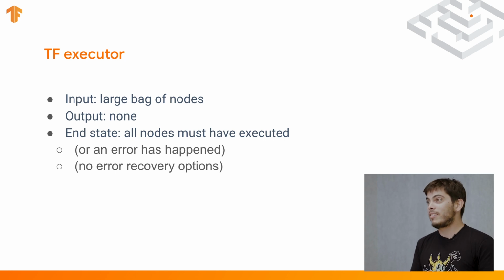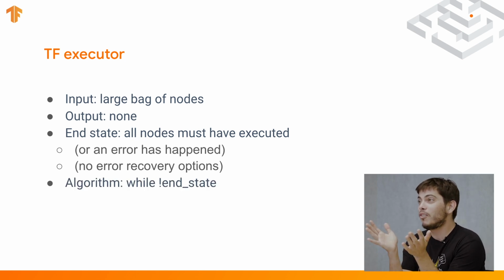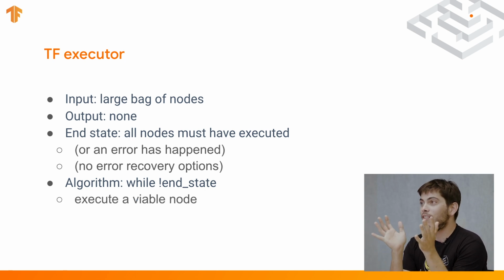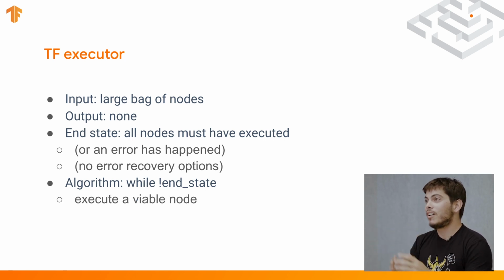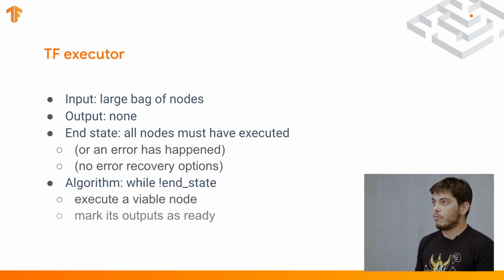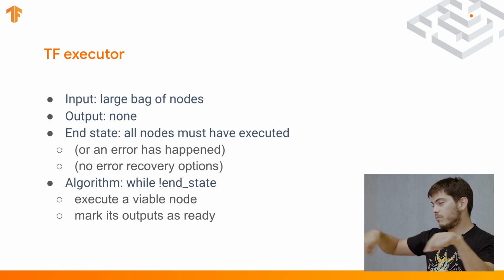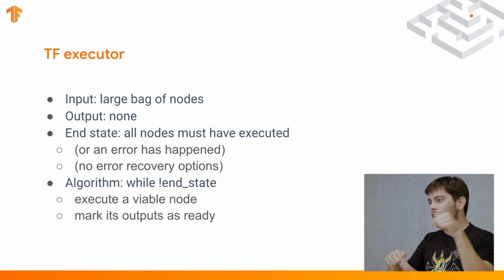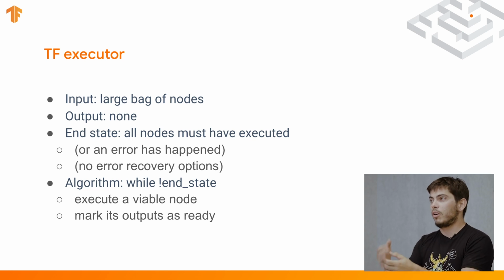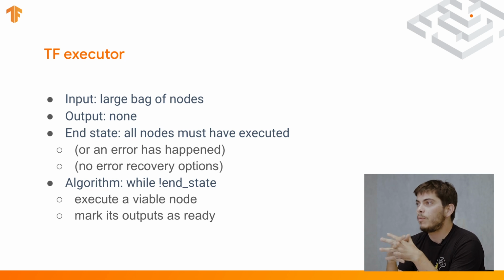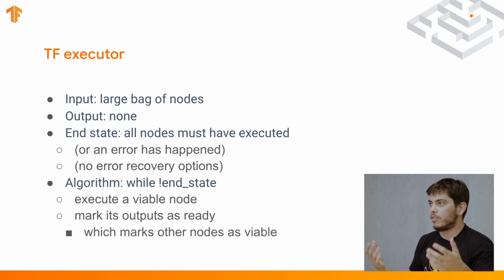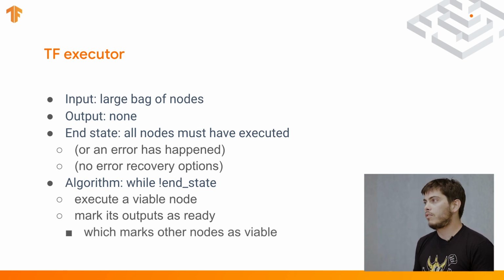But anyway, popping the stack here, the core algorithm of the executor is: while there are some nodes that haven't been executed and no errors have happened, execute a viable node, and once that node finishes executing, you mark all of its output tensors as ready. There's some bookkeeping in there: once you mark a tensor as ready, you look at what ops are going to be made executable by marking the tensor as ready, which marks other nodes as viable, and this just recursively applies.